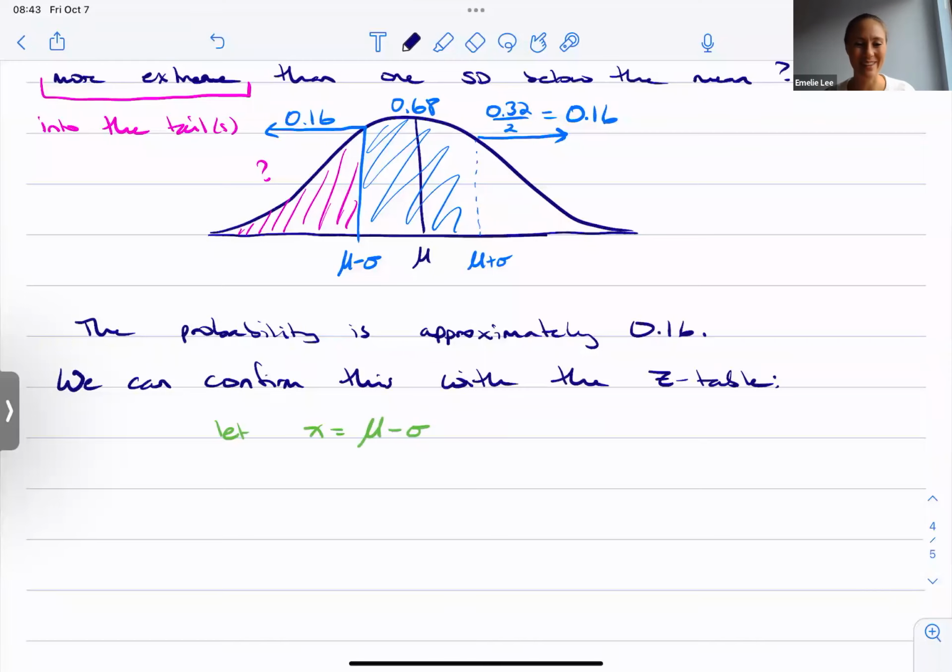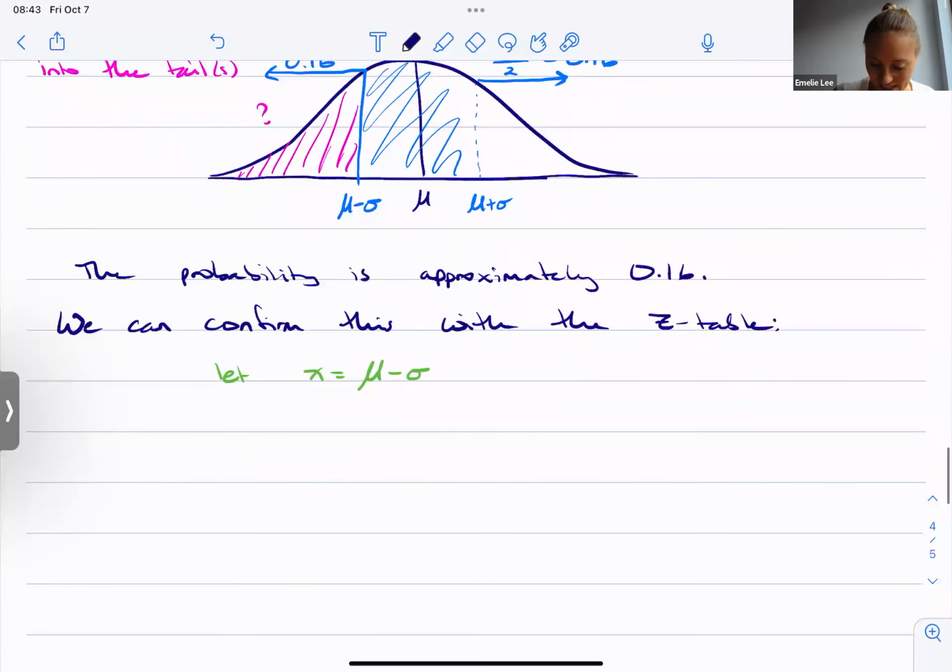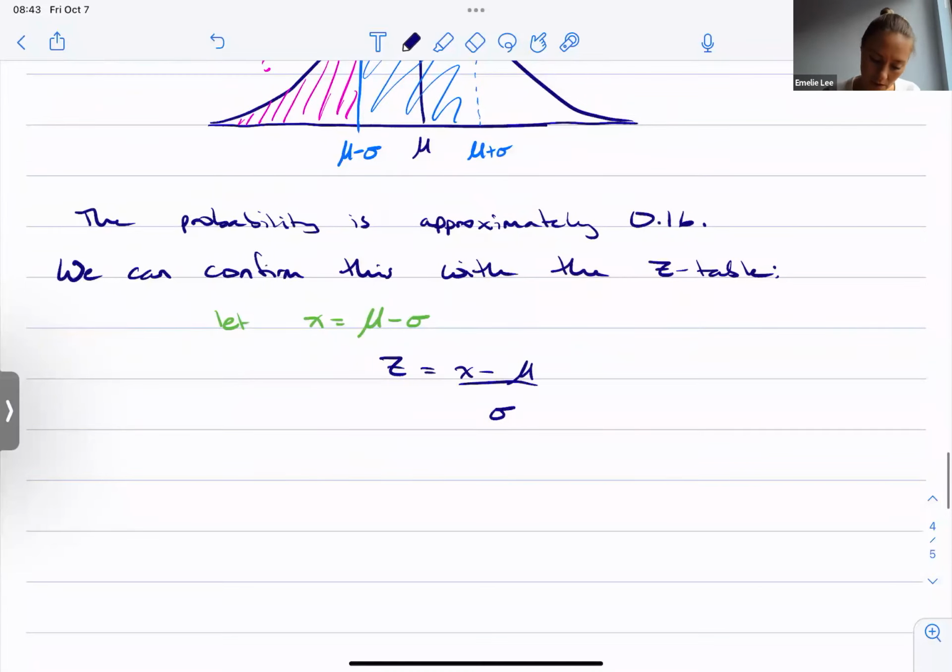You guys like math. I'm used to my stat 121s. They're from the arts and they don't like math. You guys like it, or at least I'm telling you do. Z is x minus mu over sigma, right? If x is going to be mu minus sigma, I'm going to write that in brackets, mu minus sigma, minus mu, over sigma.